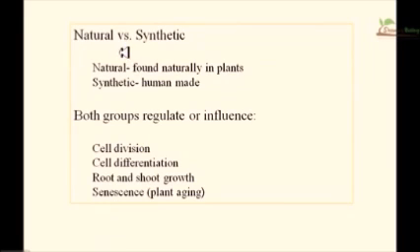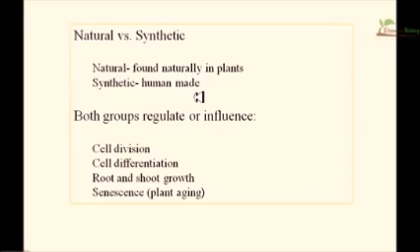Now there are some different types of these growth inducing components. They may be natural, they may be synthetic. Natural means they are found naturally in plants, like auxin, cytokinin, gibberellin, and all these things.